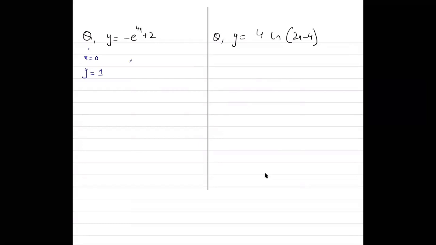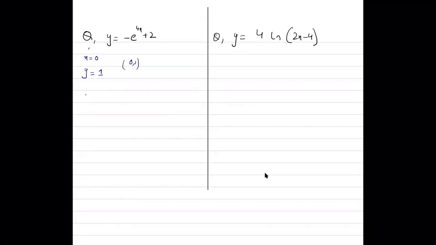Now when y is 0, minus e to the power of 4x plus 2 equals 0, so e raised to the power of 4x equals 2. I'm going to take ln on both sides. So x is going to be ln 2 upon 4, which is 0.173. Okay. Now let's recall the shape of this graph.